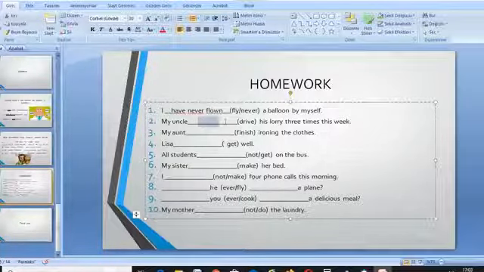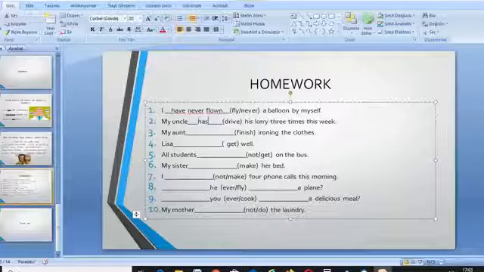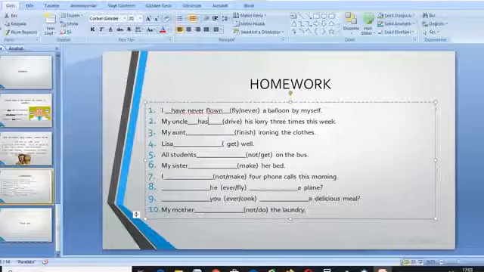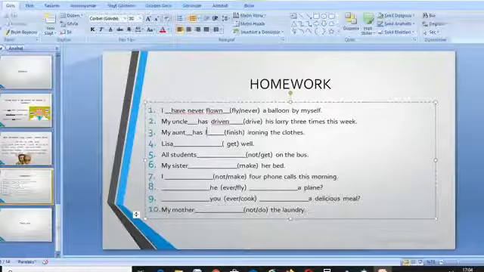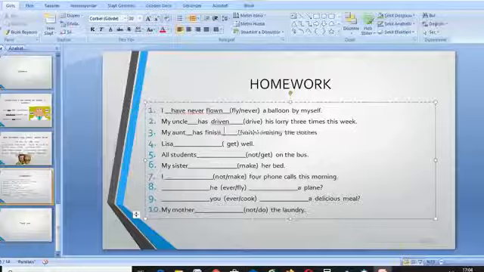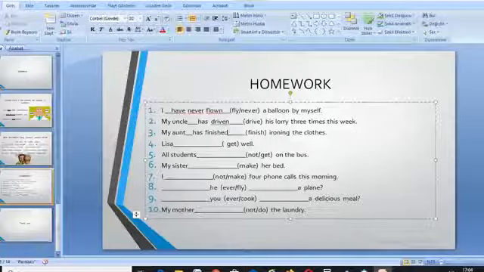My uncle, he, so we use has driven. My aunt, so it's she has finished. Good. Ironing the clothes. So you can do the rest.